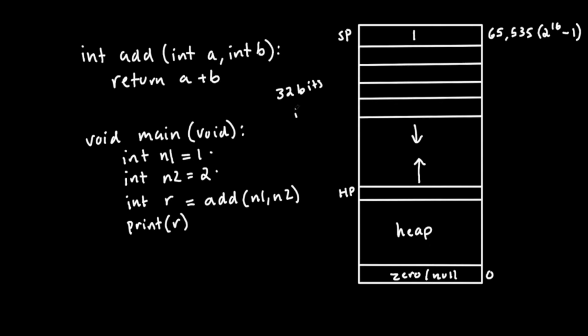So we'll need to do 4 bytes, because a byte is 8 bits, and 8 times 4 is 32. Now if you were using a 64-bit ISA, your offset would be 8 bytes. Stack pointer minus 4, 4 bytes, and it brings us here.